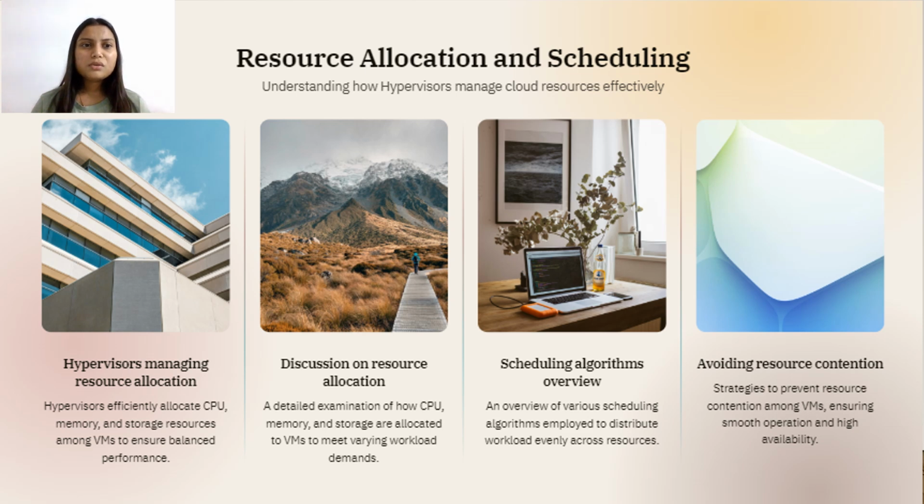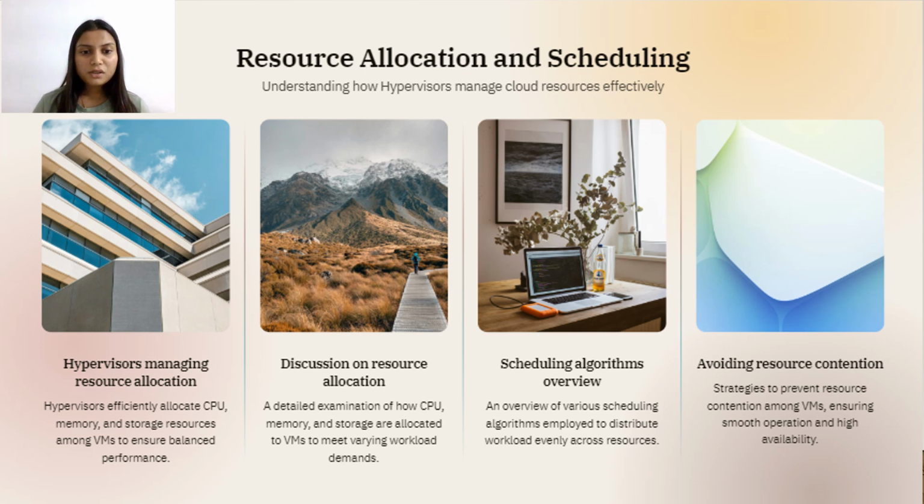There are also some topics in cloud computing which are very important for us to know: resource allocation and scheduling. Here we understand how hypervisors manage cloud resources effectively. Hypervisors manage resource allocation efficiently. They allocate CPU, memory, and storage resources among VMs to ensure balanced performance.